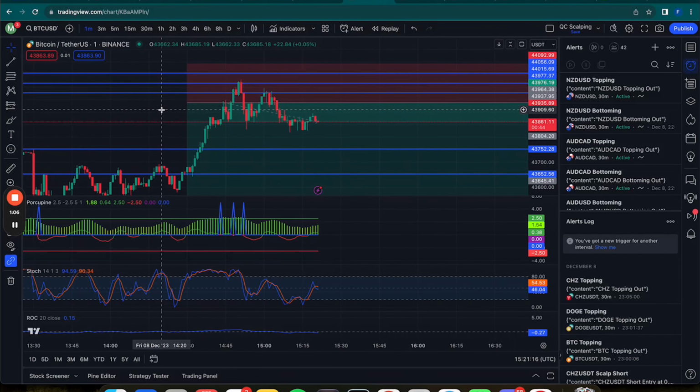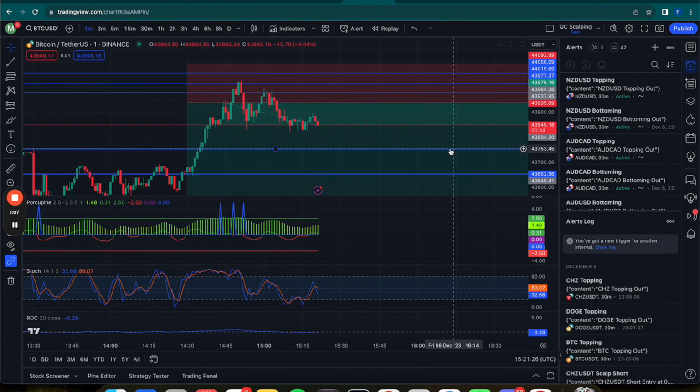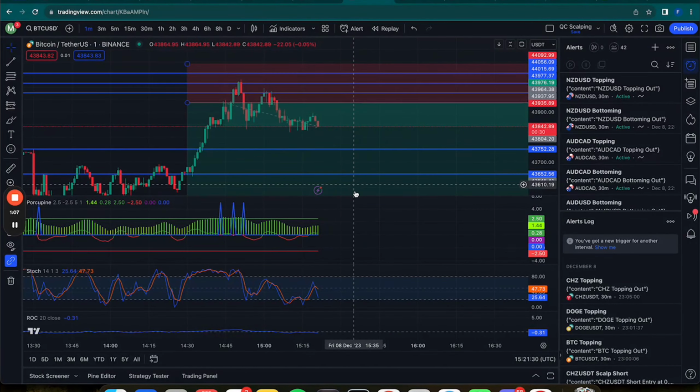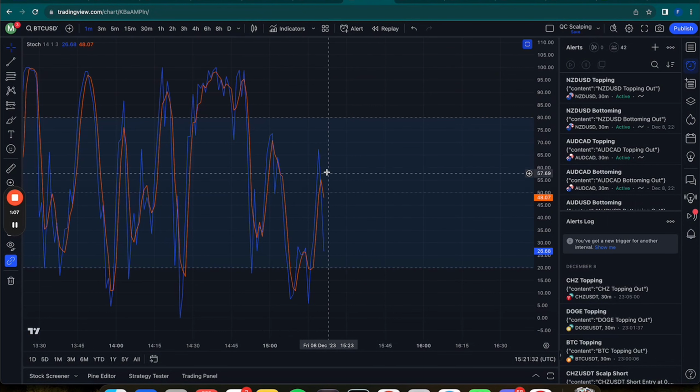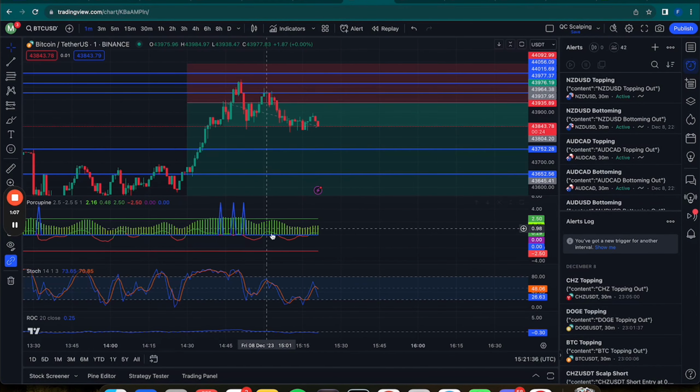That would be great to see. 30 seconds till this closes. Continuation downside here would be great.